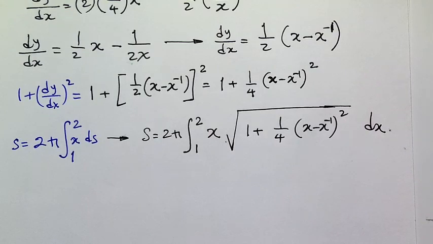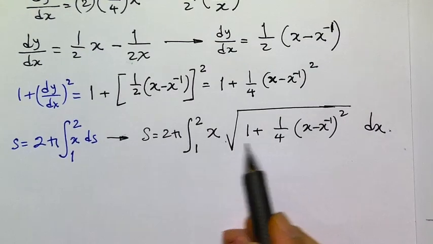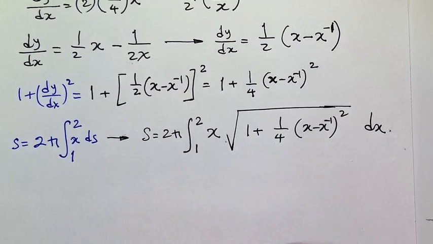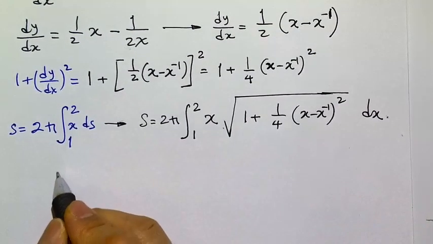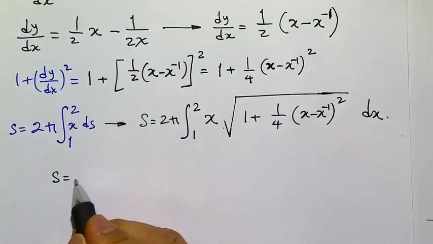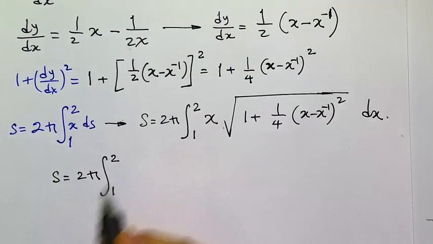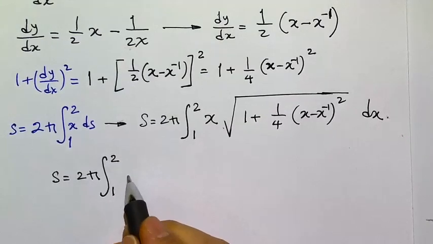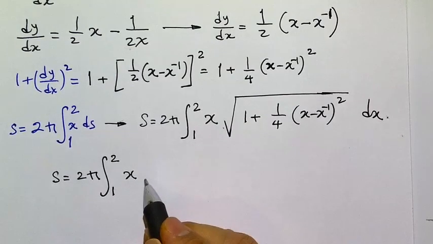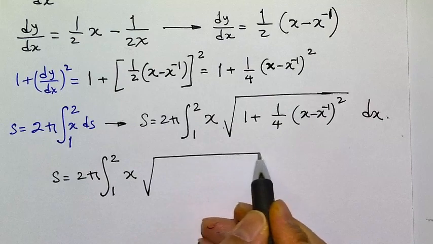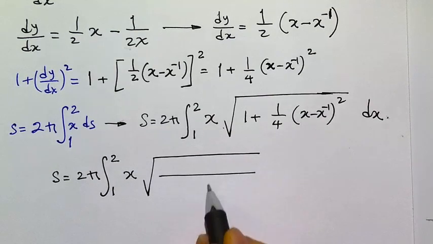Okay, so once again, let me take the common denominator here. So S equals 2 pi times the integral from 1 to 2 of x times all of that over 4.